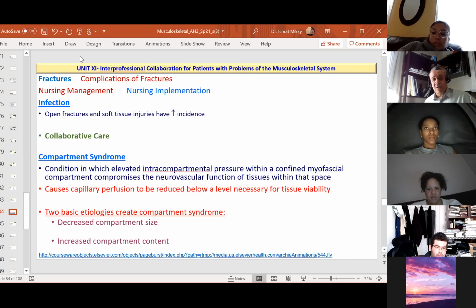Post-op, intravenous antibiotics will be used for about 3 to 7 days post-op to fix the fracture. Using intravenous antibiotics for 3 to 7 days is recommended to prevent osteomyelitis.